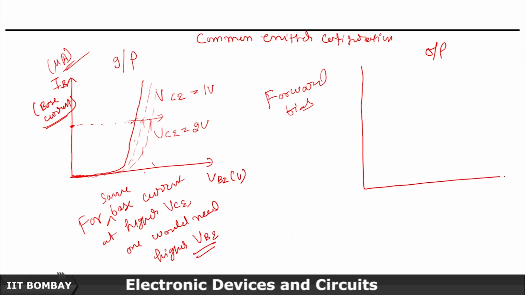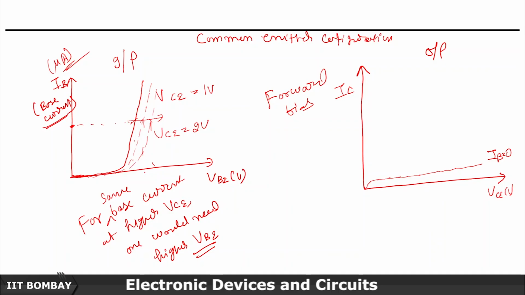Let's see what happens in that situation. So let's consider the case where my base current is 0, IB is equal to 0. The curve of this, your IC versus VCE, will look something like this. So even when base current is 0, some IC current will be there. Okay.